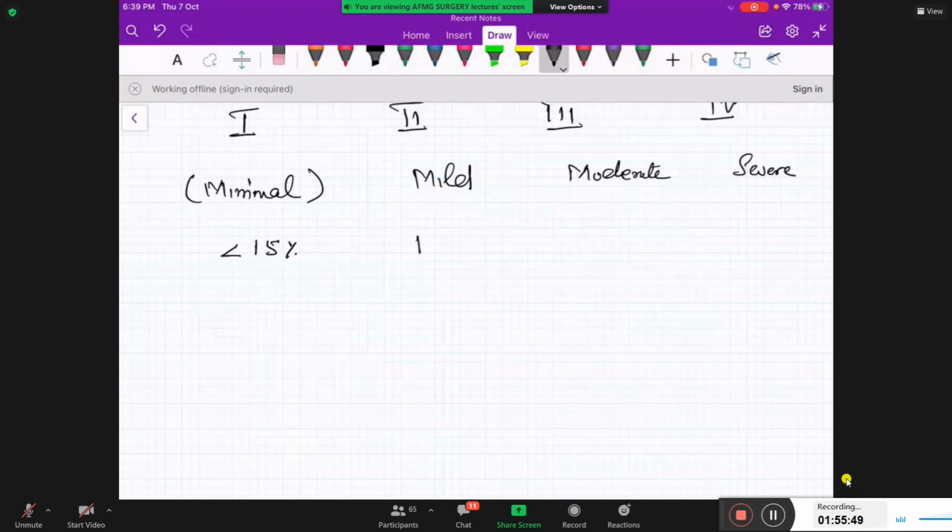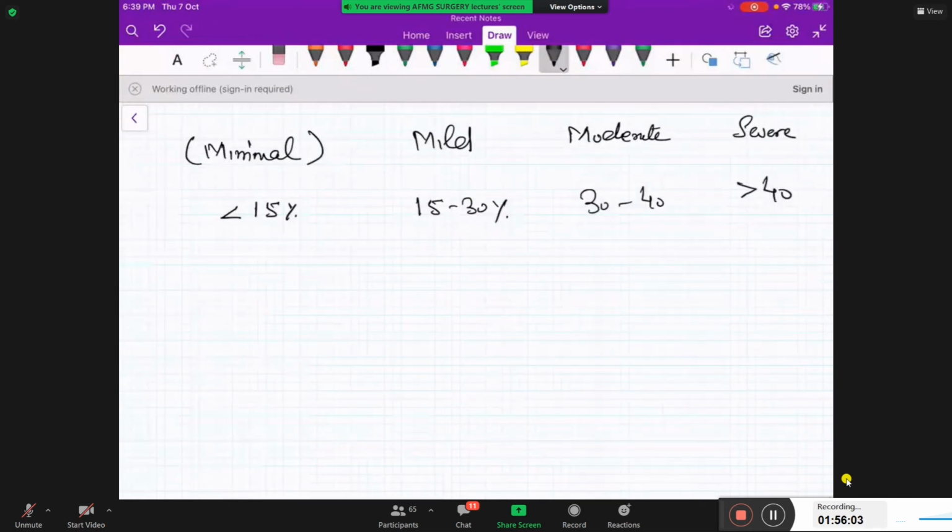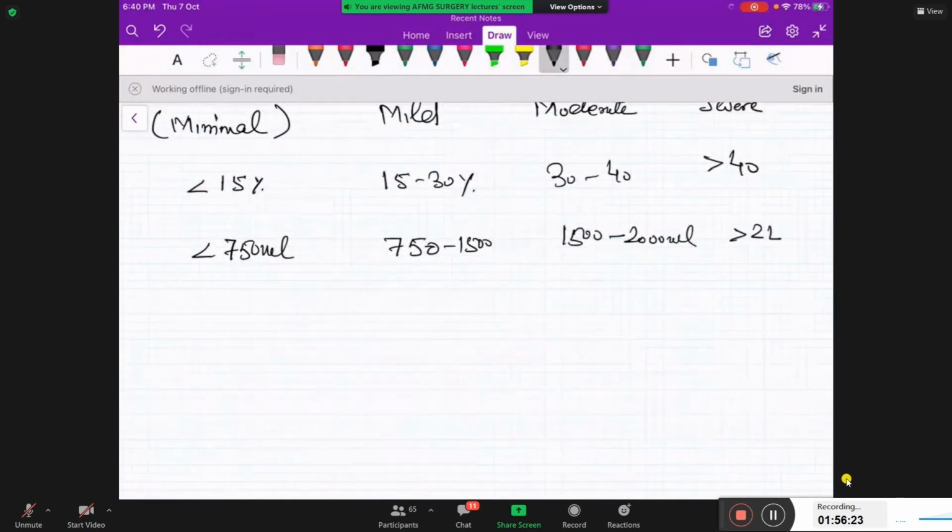When the blood loss is 15 to 30%, it is mild shock. When the blood loss is 30 to 40%, it is moderate. If it is more than 40%, it is severe. Or if the blood loss is less than 750 ml, or 750 to 1500 ml, or 1500 to 2000 ml, or more than 2 liters.